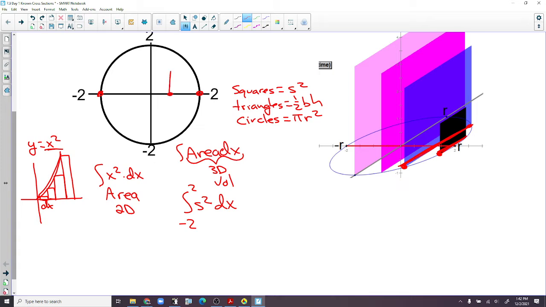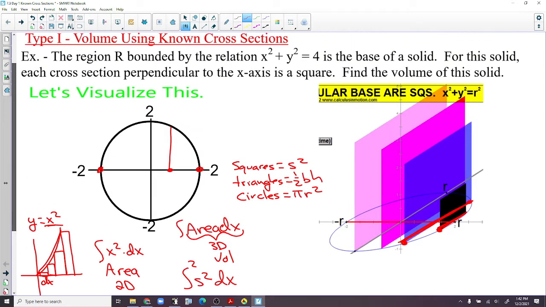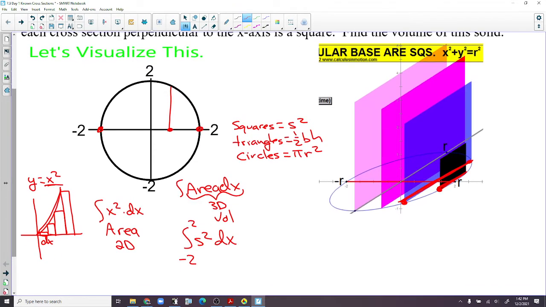From here to here is, let's see, the circle is, if I solve for y, the length of that is the square root of 4 minus x squared. Down here, this is the negative square root of 4 minus x squared. So the overall length, if I kept this as a negative, would be 0. We don't want that. Matter of fact, with length, we just count everything as positive.